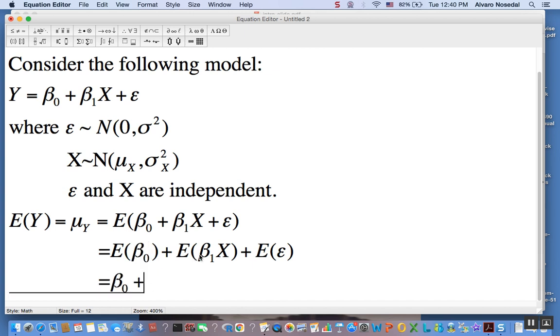The expected value of a constant times a random variable will be that constant, beta 1. We get to factor it out, and then it would be the expected value of x. So let me use mu sub x to refer to that expected value. And we know that the expected value of epsilon is 0 by assumption, so that would be mu sub y.